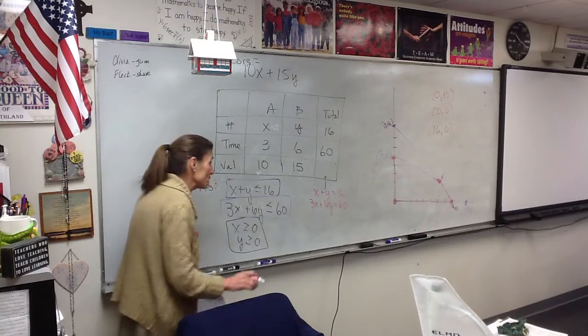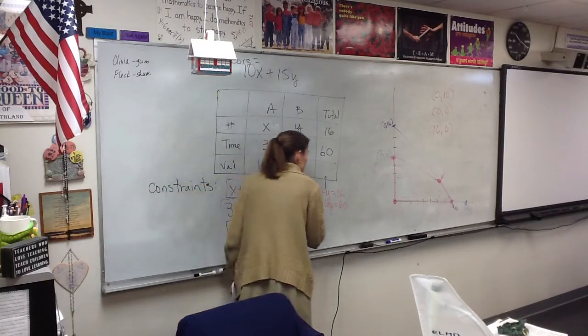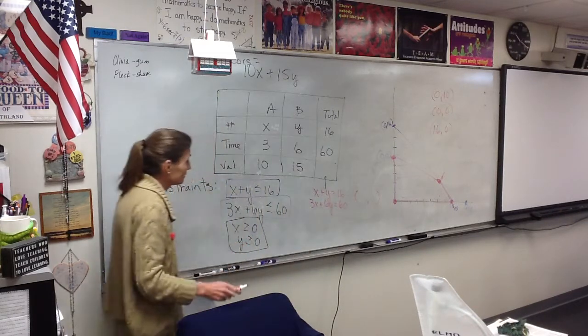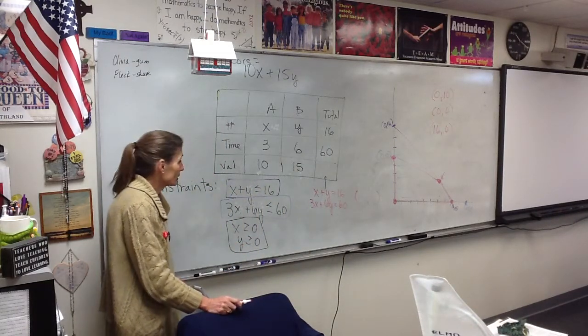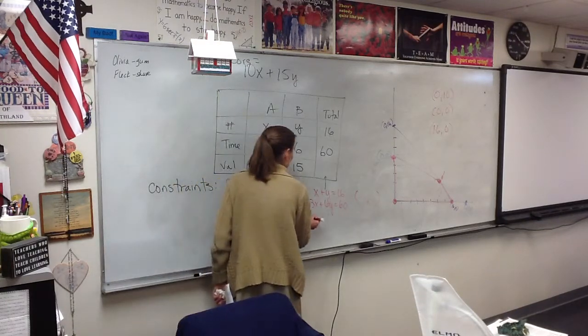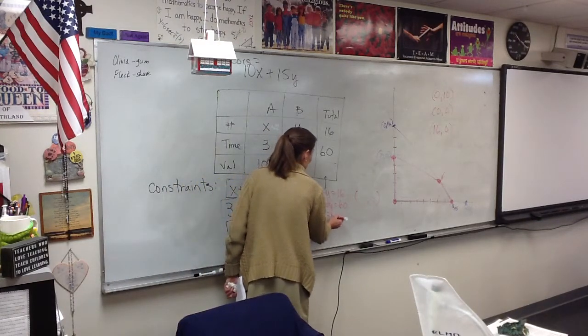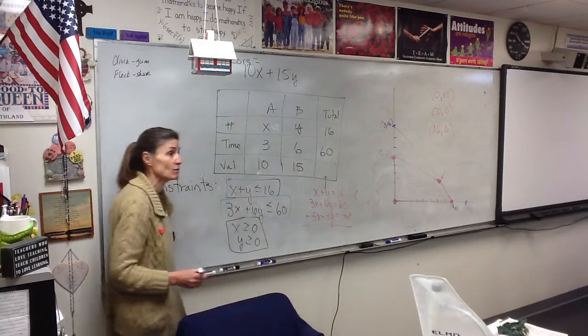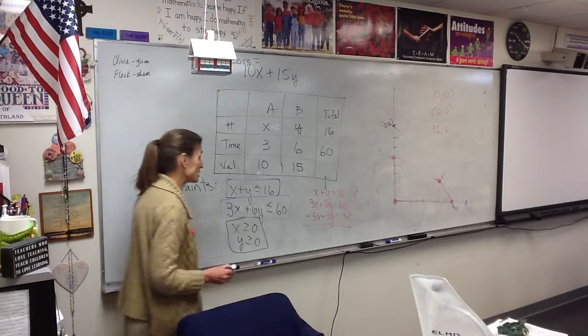What might work? I'm either going to use substitution or elimination or Cramer's rule to come up with that point. Elimination, just multiply by 3. Elimination would be really fast, but certainly any method you choose is going to give you the same answer.